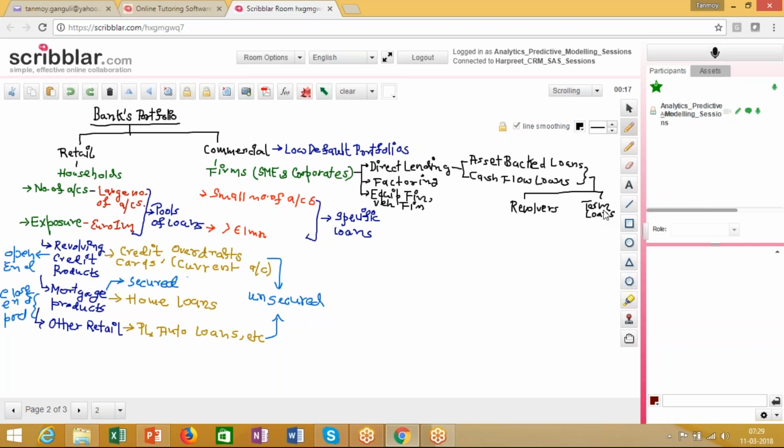Now, within factoring, there are different factoring products as well. One is recourse factoring, and the other is non-recourse factoring.